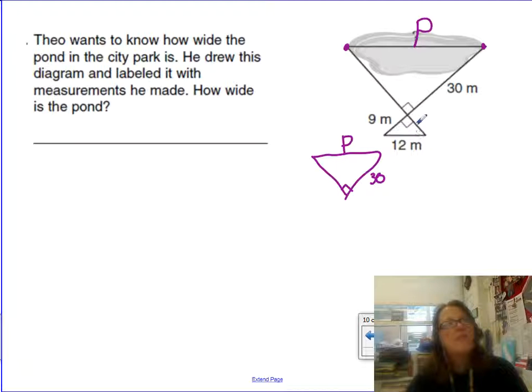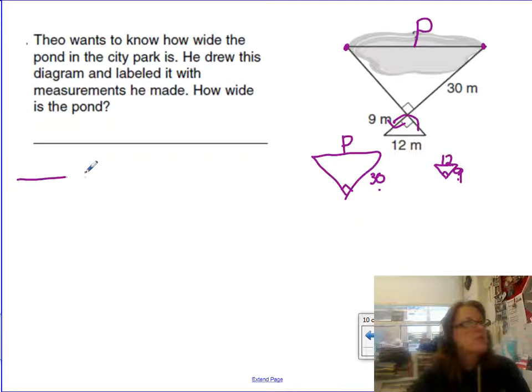And then this baby triangle, we need to turn around to orient it in the same position as the one above it. Okay, so the 12 is here, 12 meters, and then when we turn it, the 9 ends up over here. The 9 is in the same position or in the corresponding part as the 30, and the 12 corresponds with the width of the pond.